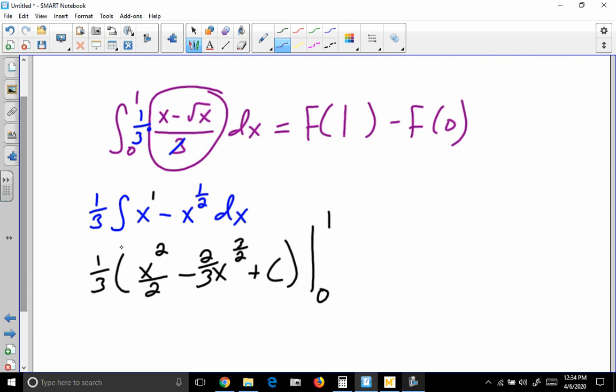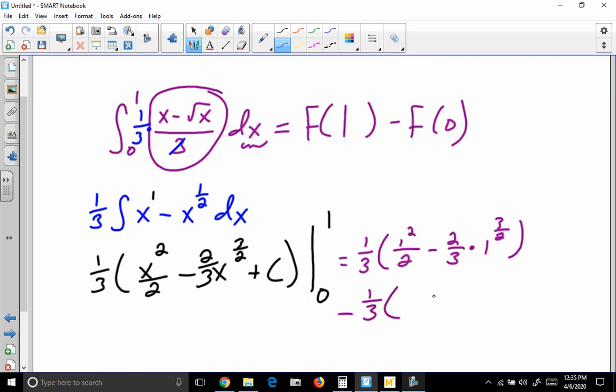So the way this would work is we would have a 1/3 in front, and we would put a 1 everywhere we have an x, because x is our variable of integration. So we would have 1 squared over 2 minus 2/3 times 1 to the 3/2 power, minus, and do the same thing and put a 0 in.